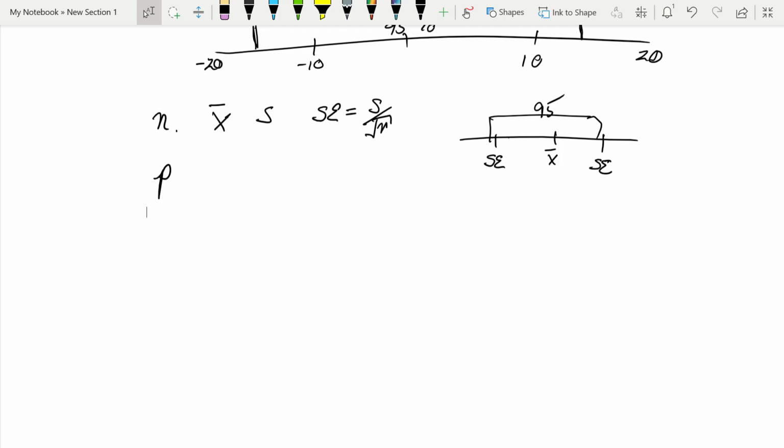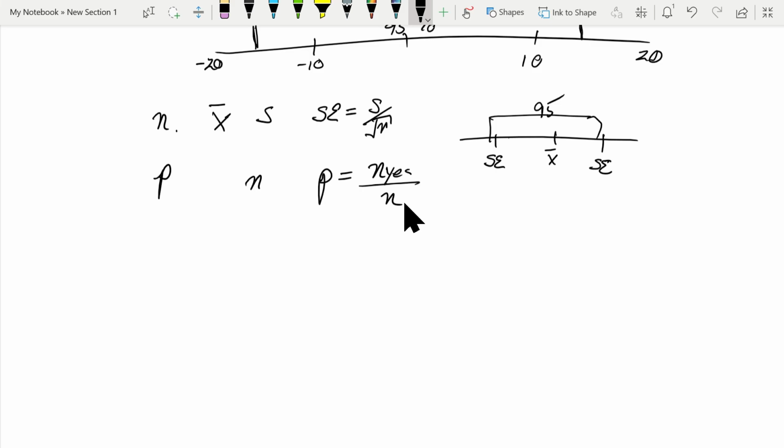And all this is out of n people. How many said yes? How many said no? So the p, the sample proportion, is the number of yeses divided by the total number of people.